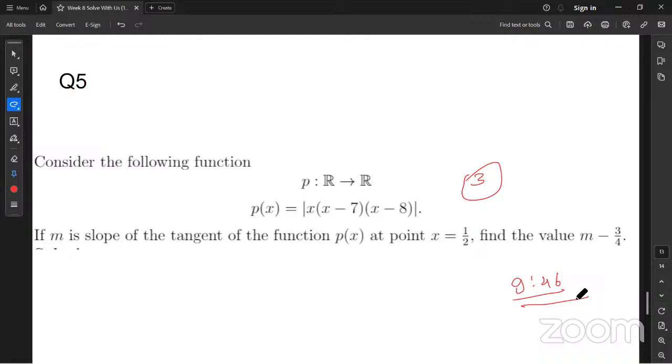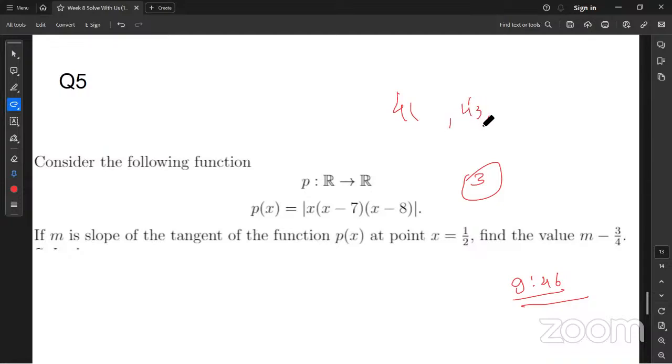Okay. I think it's 9:46. What is your answer? Do you get it or not? 41? Anyone? 36. 41. Someone is getting 41. 43.